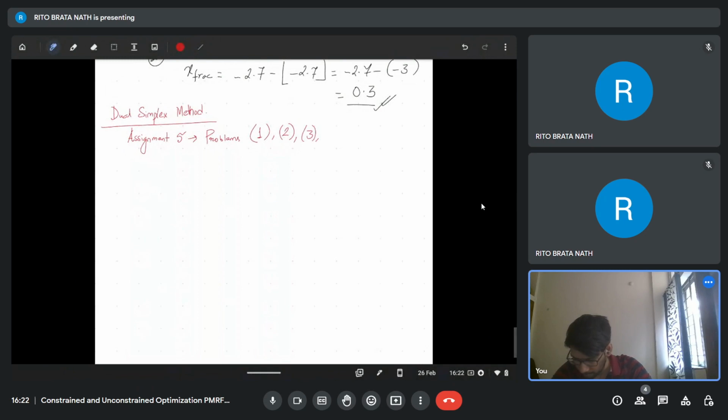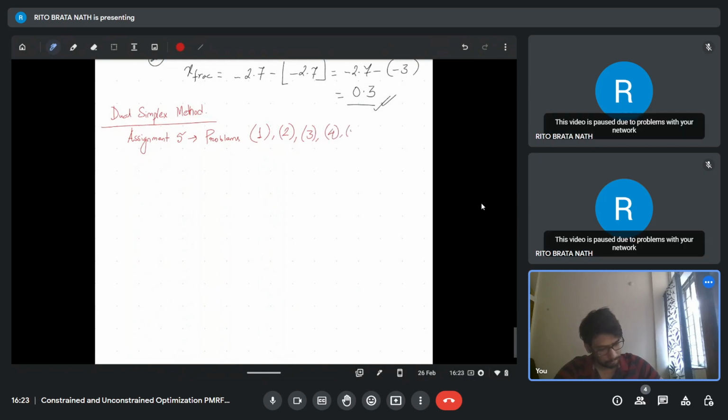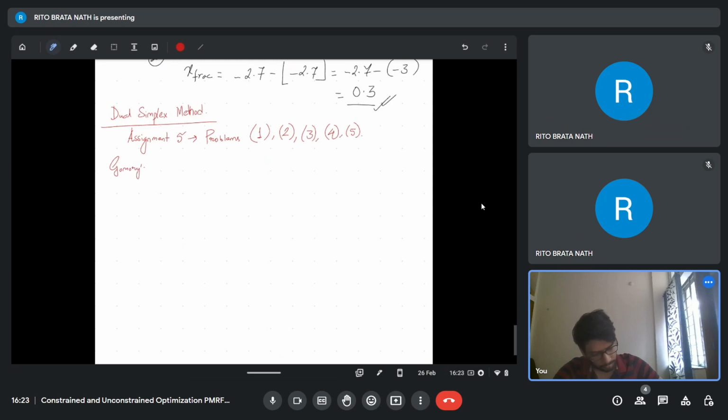Problem 4 is on dual simplex. Problem 5 is on dual simplex as well. Next is Gomory's method: you have problems 6 and 7 using Gomory's method. Then branch and bound: problem 8 is on branch and bound, and problems 9 and 10 you can also solve via branch and bound, right?